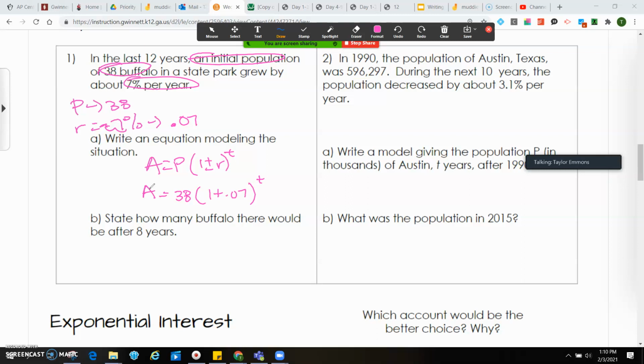In part B, they say state how many buffalo there were after 8 years. So what we're going to do is put 8 years in for T. So 38 times 1 plus 0.07, and we're going to raise that to the 8th power.